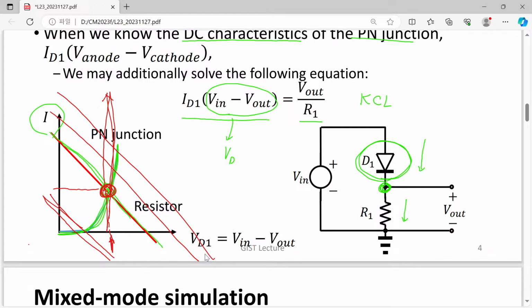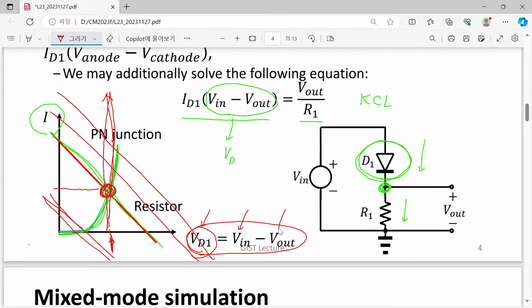So be careful. The X-axis in this graph is just the diode voltage. So diode voltage is almost fixed. Therefore, when you increase your input voltage, output voltage will be increased accordingly.